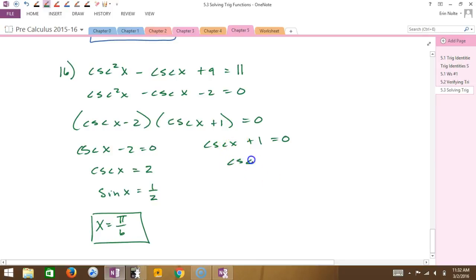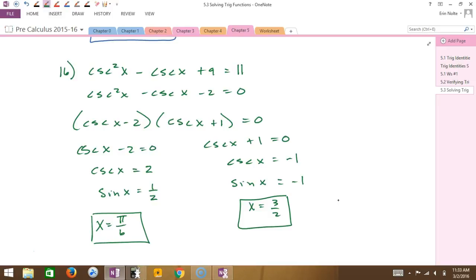So cosecant equals negative 1. You can flip it, so the sine also is negative 1. So where is the y negative 1? 3 pi over 2. Nice.